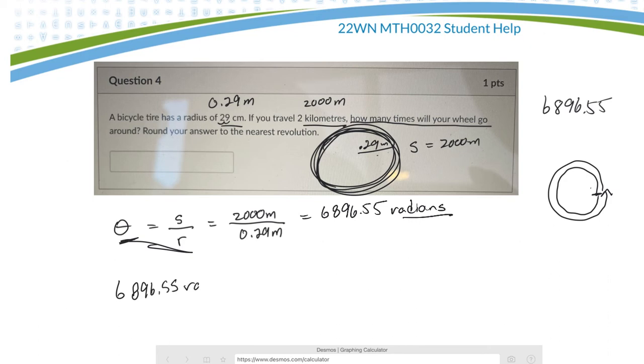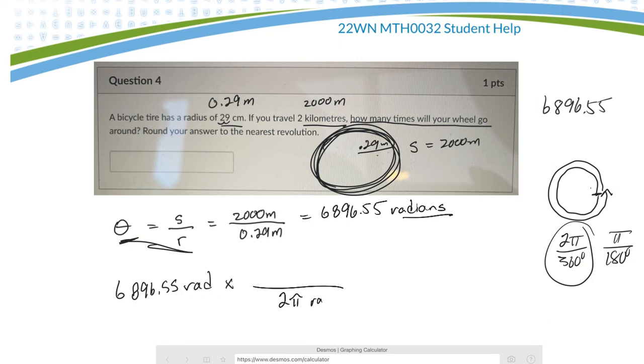6896.55 radians times, now my conversion unit, you can use 2 pi is the same as 360 degrees, or you can use pi as the same as 180 degrees. Either works. I like using this one. So radian is 2 pi, so I'm going to put that on the bottom. 2 pi radians are the same as, hold on, I don't want degrees, I want revolutions.